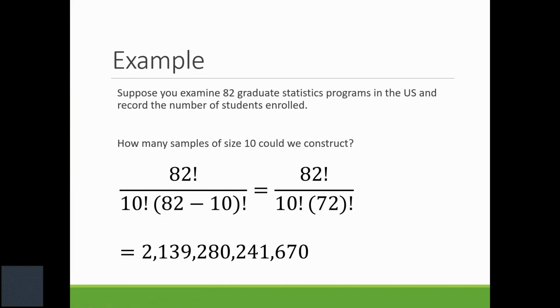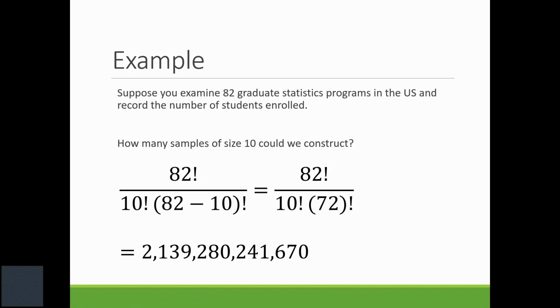So this is the same formulation, it's just using some different notation because now we're talking about from population to sample. So, for example, suppose you examine 82 graduate statistics programs in the United States and record the number of students enrolled. What if we want to take just a sample of 10 of those? Okay, so how many samples could we construct of size 10 from those 82, right?